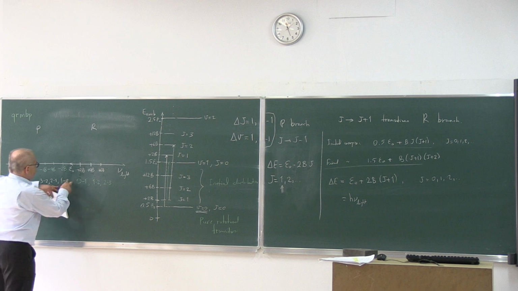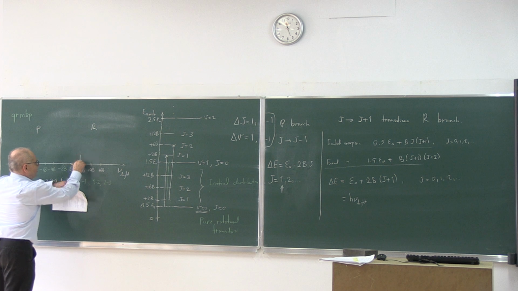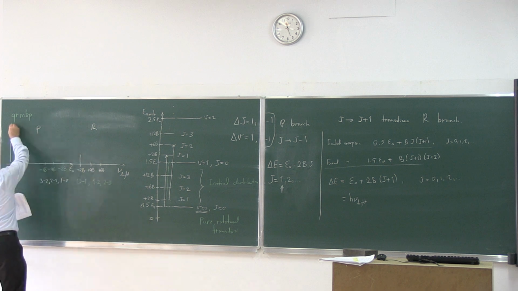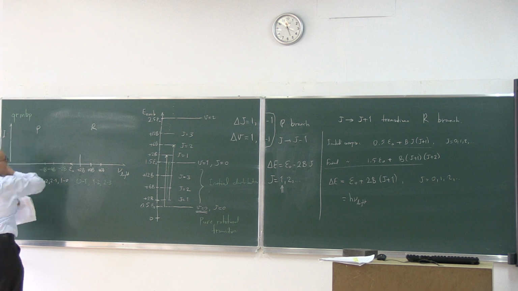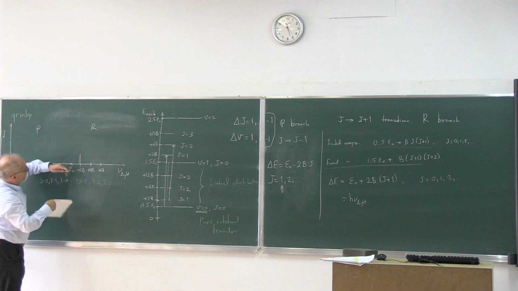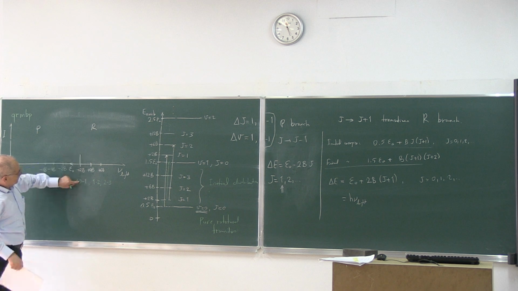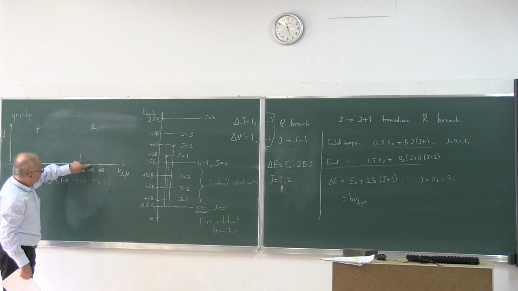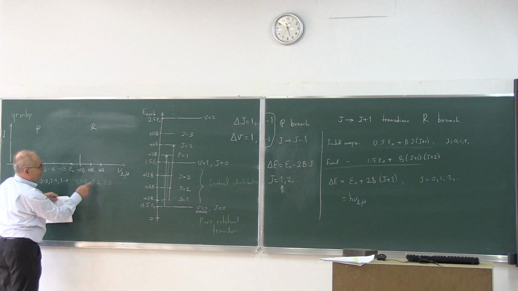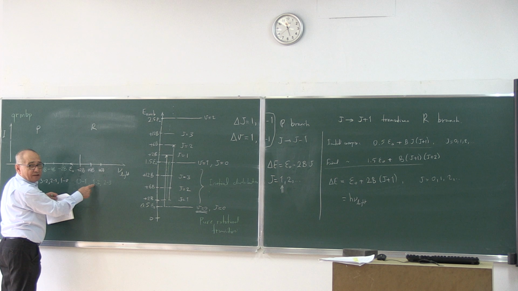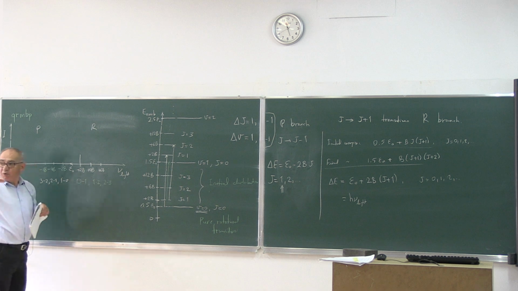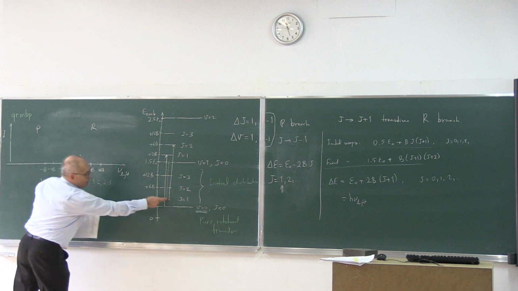So, for example, this is intensity. The height here is proportional to the population of the J equals 0 level. Initial level is J equals 0. The height of this transition is proportional to, what is the initial J value? 1. It's proportional to the population of the J equals 1 level of the ground level.